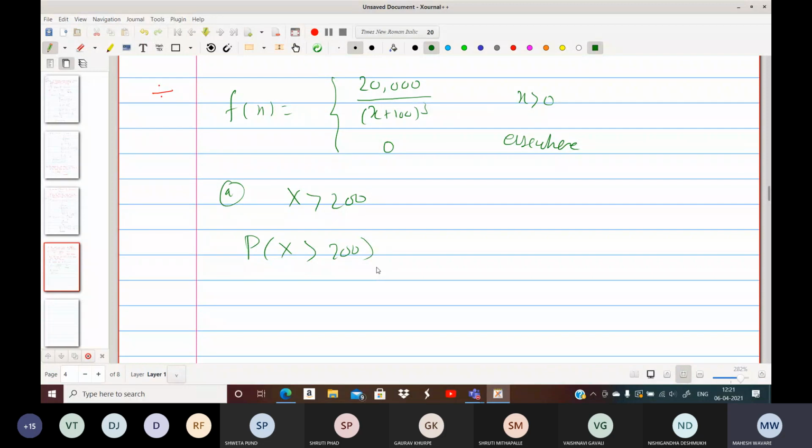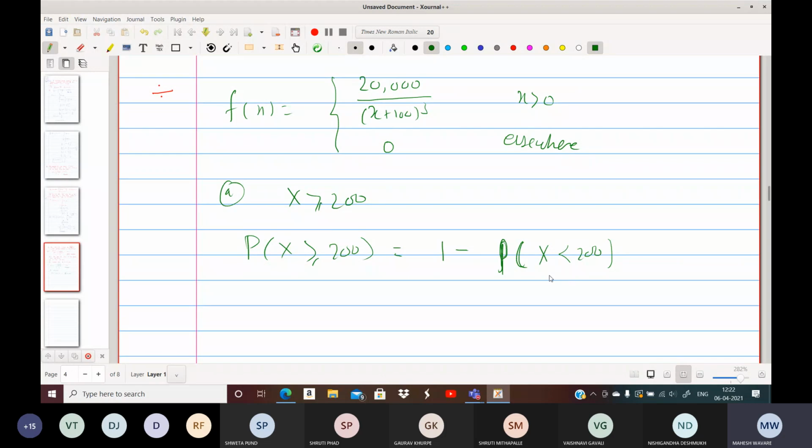So how should one write this? One can write this as 1 minus the probability of x less than 200, at most 200. You can write equal to here also, no problem for the continuous case. The probability of x greater than or equal to 200 and the probability of x less than 200 total will be 1.